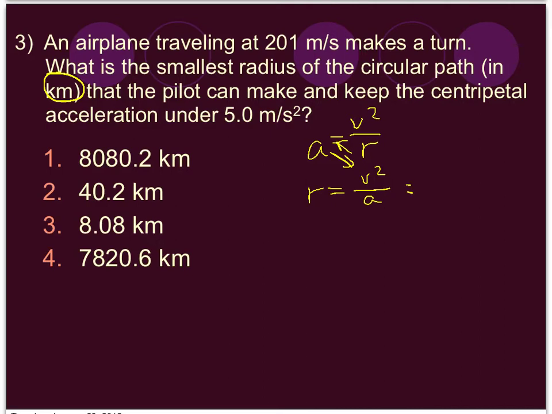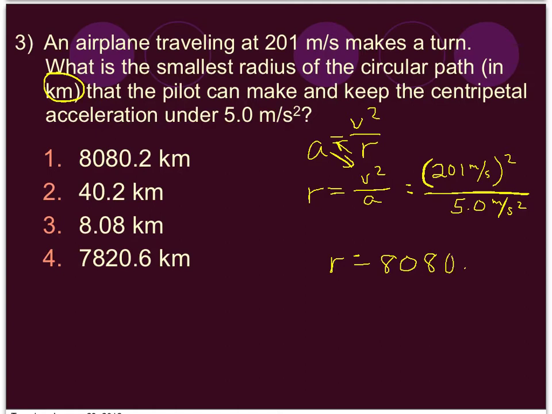Now our velocity was 201 meters per second. Square that, divided by the most we want the acceleration to be, 5 meters per second squared. So we're going to plug that in as our max value. When you plug and chug this into the calculator, you're going to get 8,080.2 meters.